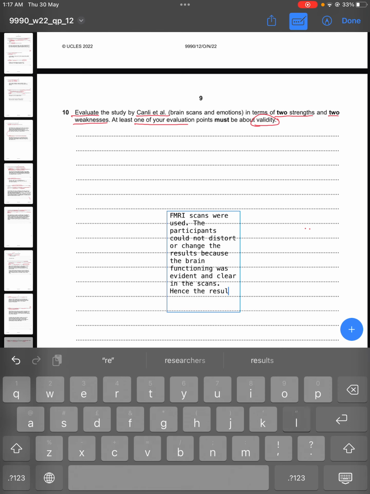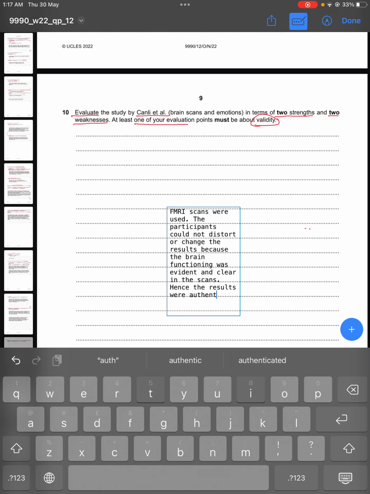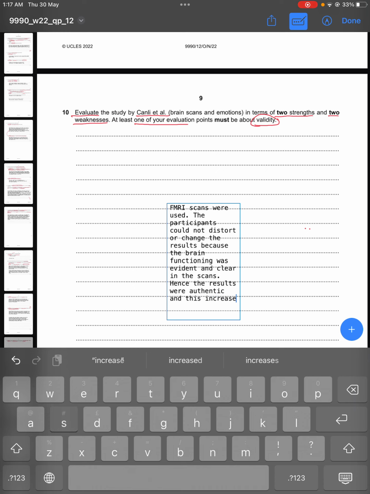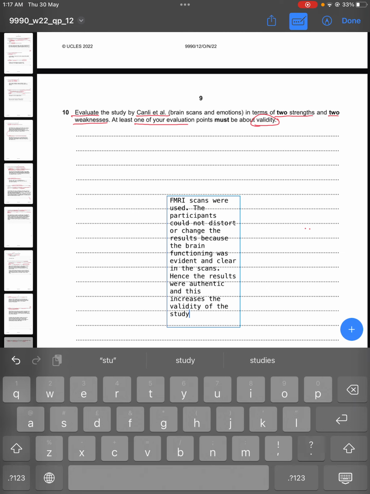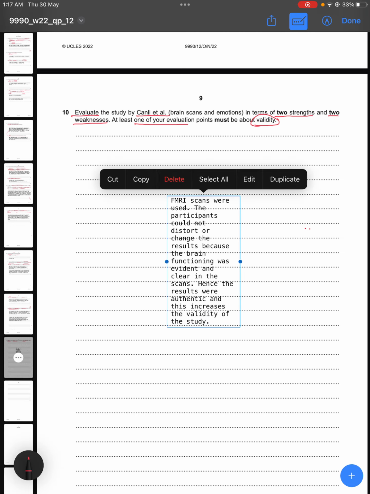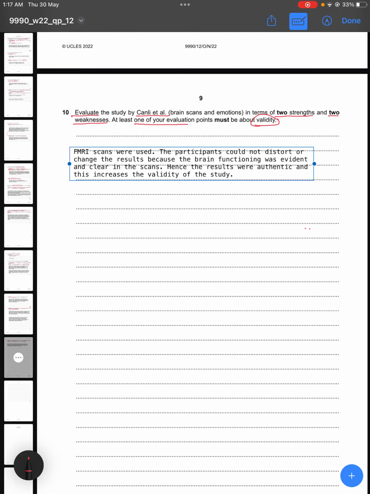Hence, the results were authentic, and this increases the validity of the study. Okay, the internal validity of the results or of the study.